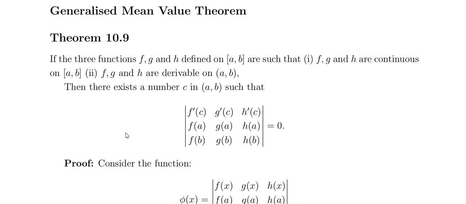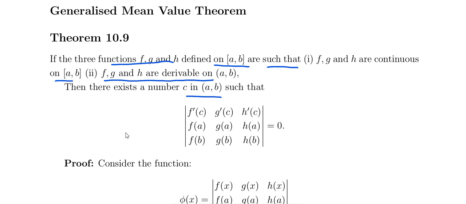This is called the generalized mean value theorem. Suppose three functions f, g, h defined on a comma b are such that f, g, h are continuous on a comma b and f, g, h are differentiable on the open interval a comma b. Then there exists a number c in the open interval a comma b such that the determinant of the matrix with rows f dash of c, g dash of c, h dash of c; f of a, g of a, h of a; f of b, g of b, h of b equals 0.